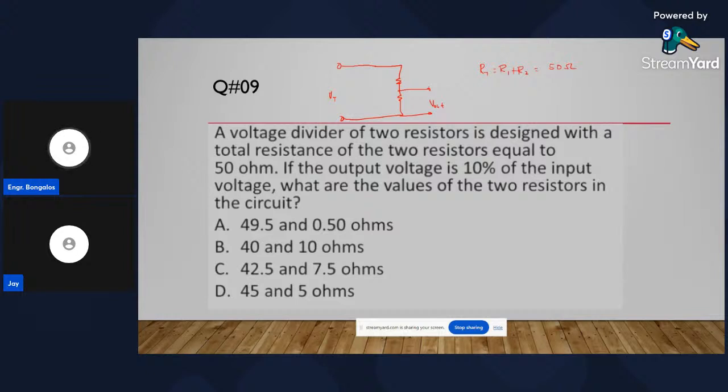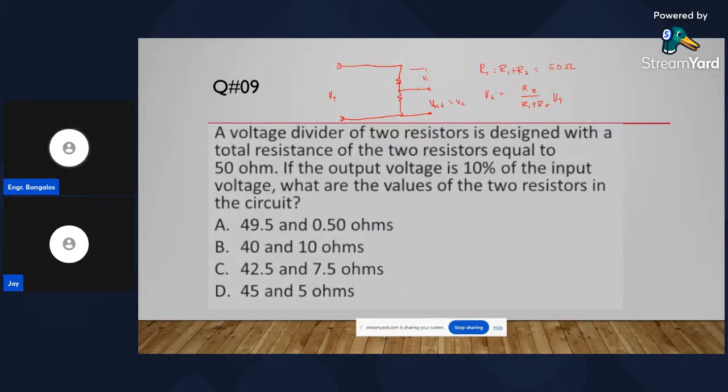So, para mahanap natin yung voltage dito, let's say ito yung V2 natin, then dito is yung V1. So, V2 is equal to R2 over R1 plus R2 times V total. So, meron ba tayong R1?